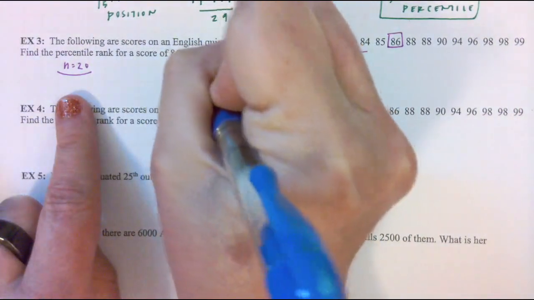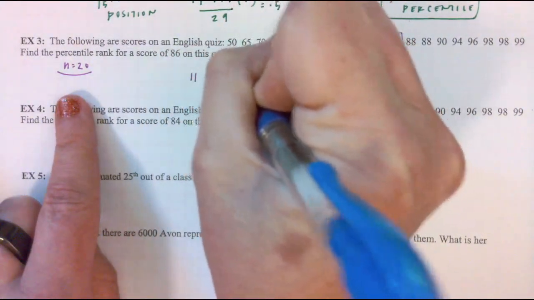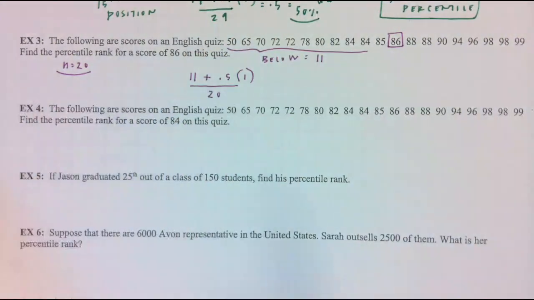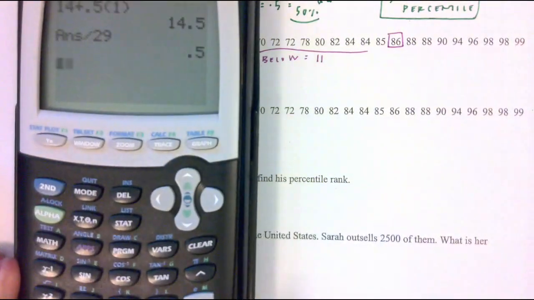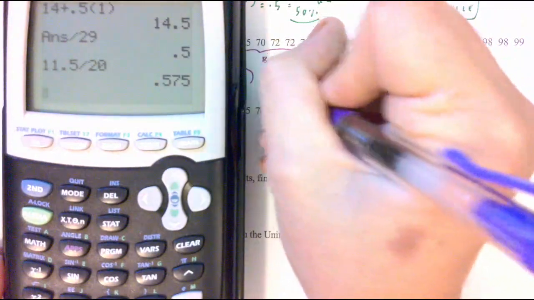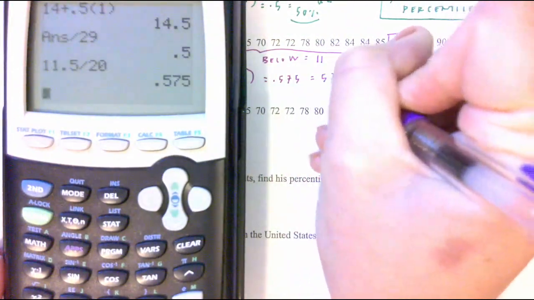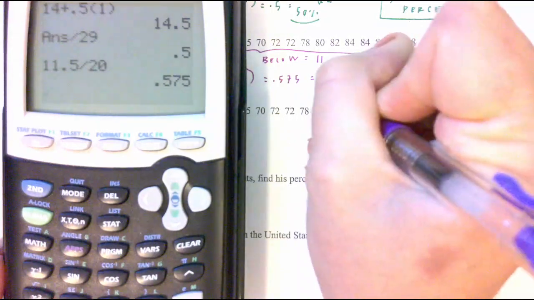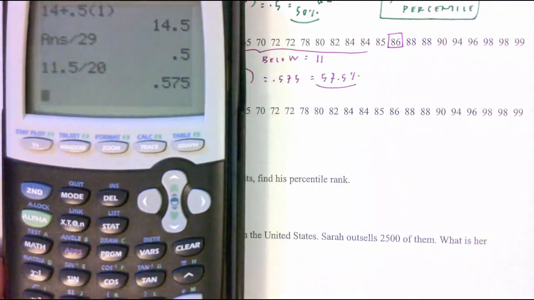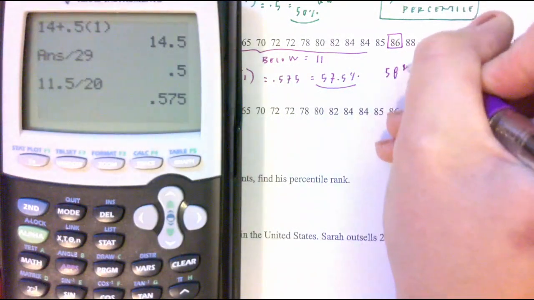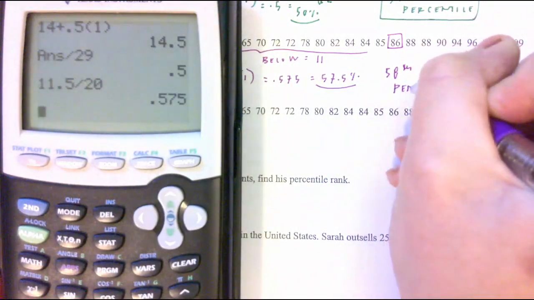So I'd say 11 plus half of that 1 score that's 86, and divide that by 20. So really that's 11.5 divided by 20. Here's what it is as a decimal. Multiply by 100 or slide that decimal 2 spots to the right to make it a percent, and then round to the nearest percentile. So that would be about the 58th percentile.